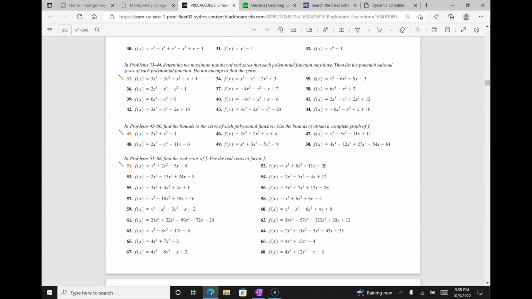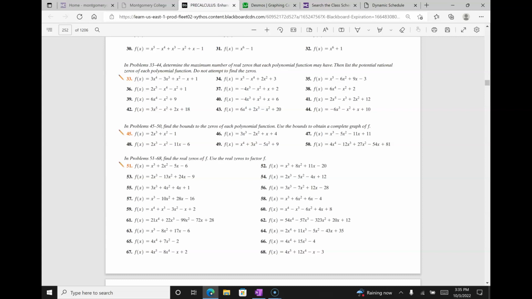So in the textbook, let's do 65. I think 67 is the one I gave you. Because we're going to try and factor this, right?